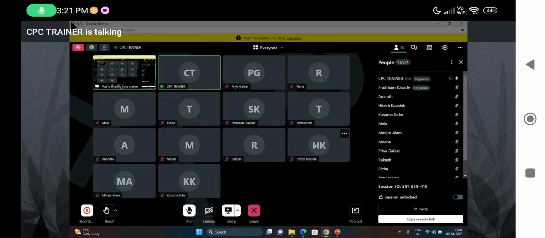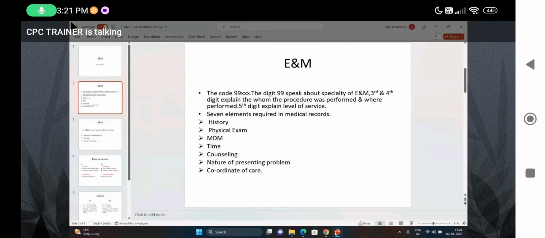One is medicine, another is E&M. Medicine codes start with 90, 91, 92 like that, and E&M codes start with the 99 series. So this is the difference. Please note down this introduction, guys, and update me.